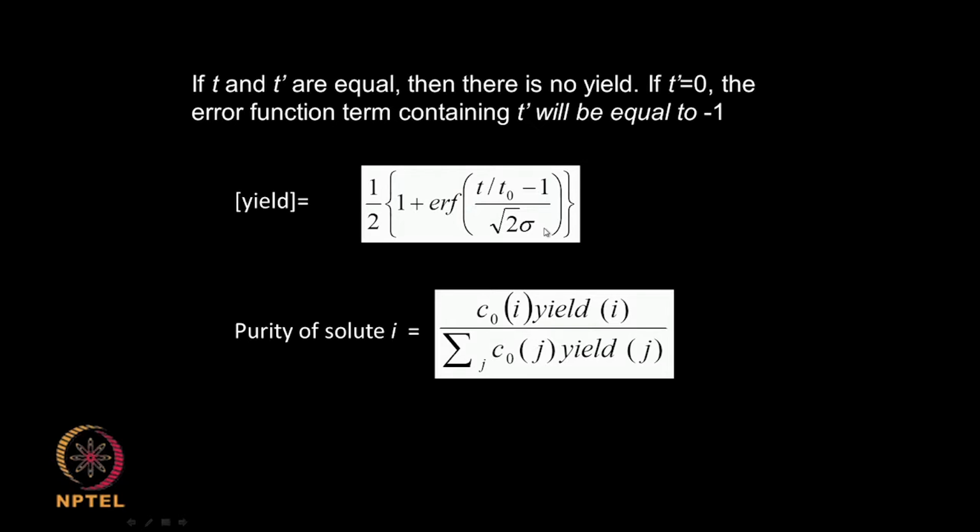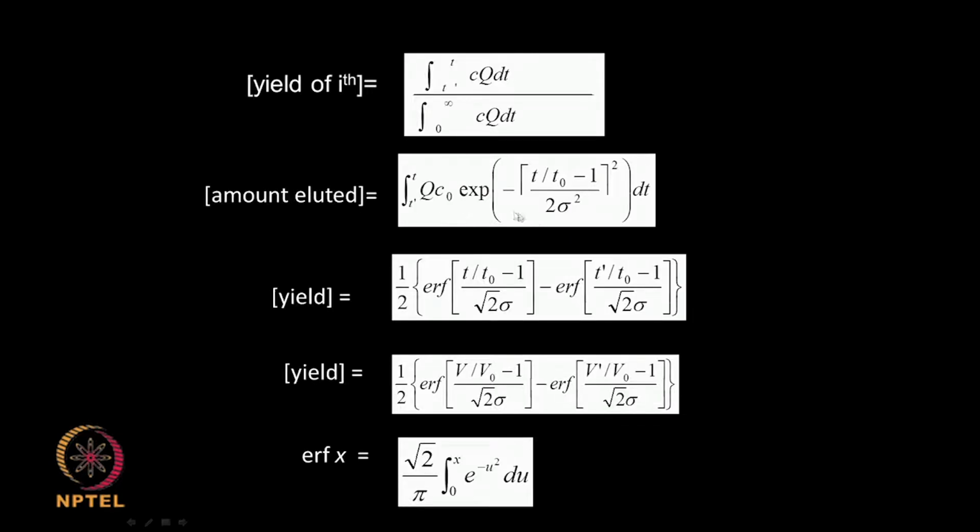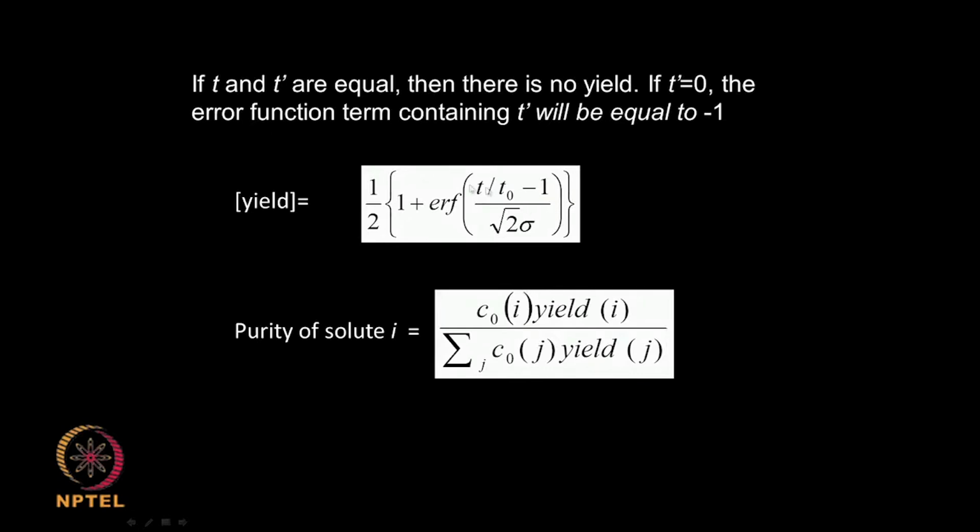So, if you are collecting the sample from time equal to 0 right up to time t, you will get an equation of this form. When you are collecting from time equal to 0, this term will go away, that will be minus 1, so you will get half of 1 plus this term. So, you are collecting sample from time equal to 0 up to time equal to t, and you will end up with the equation of this form.